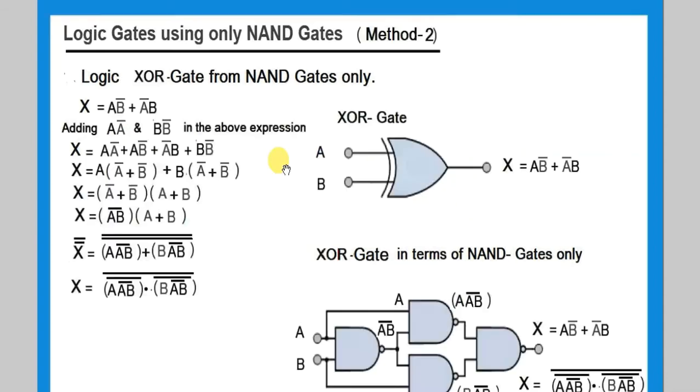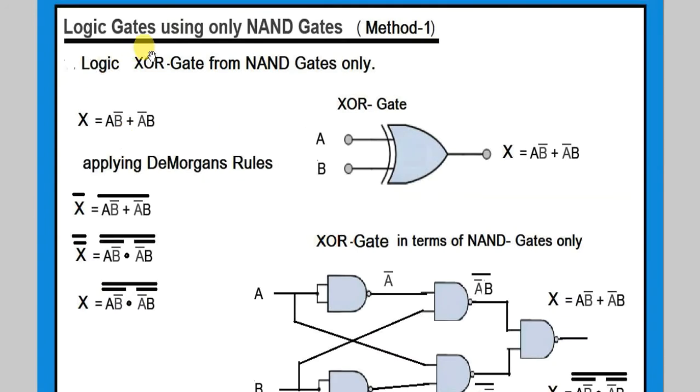Now here we have logic gates using NAND gates. For the exclusive OR gate we use two methods. Method 1, this is the logical Boolean expression A B complement plus A complement B. This is the exclusive OR gate, typical. At input when we feed the two inputs we get one output.